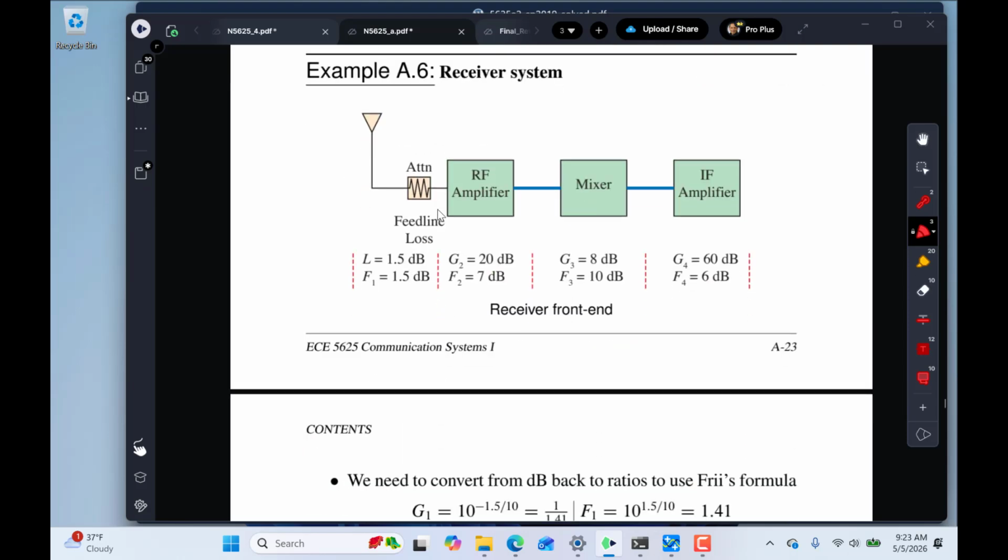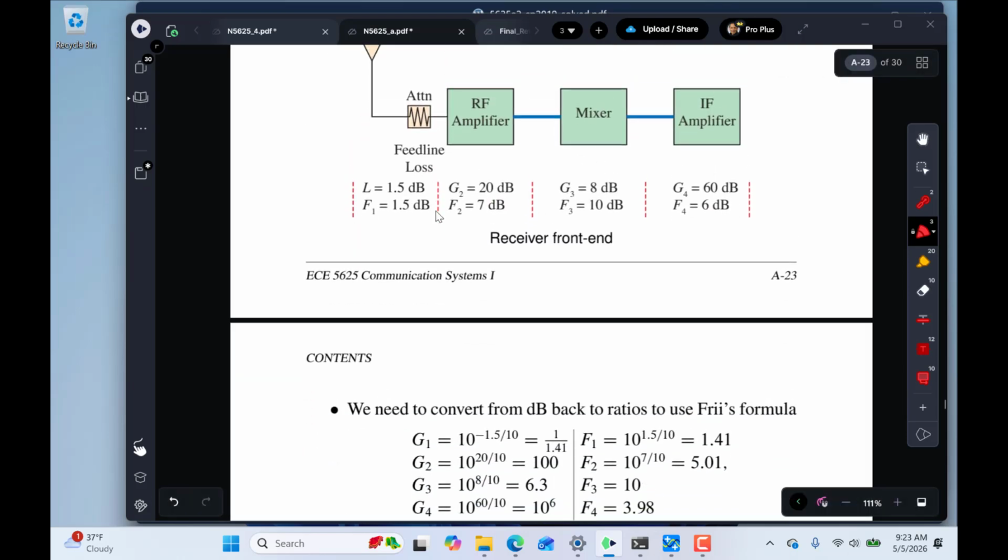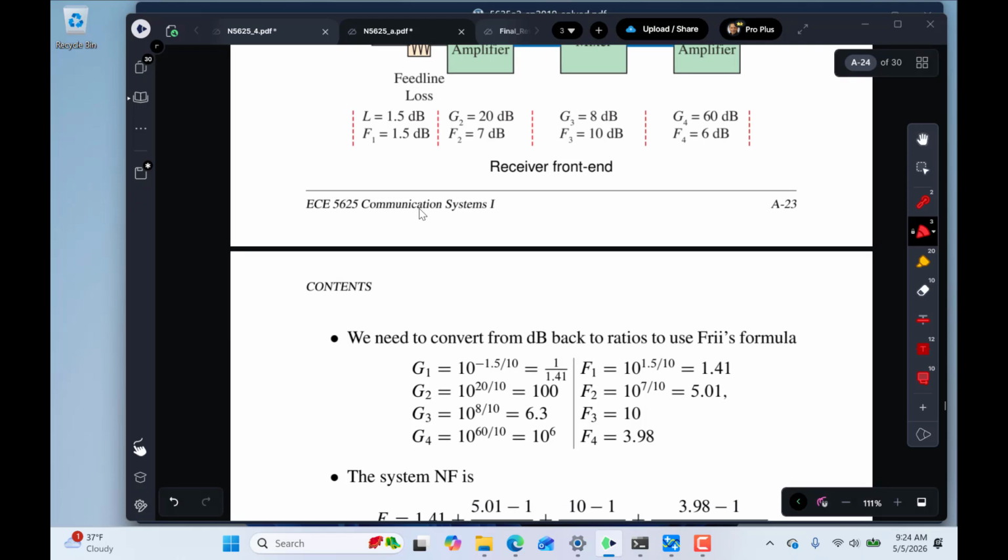So we go through this example, and this just shows you an approach for how you're going to use Friis's equation. Here we're given everything in dB units, gains and noise figures. So I convert from dB back to ratios, and this is what I'll be looking for in your exam when you have a question like this, that you faithfully track this all the way through.